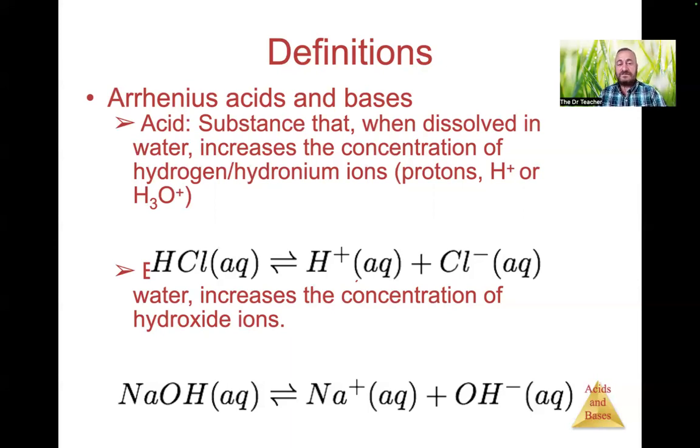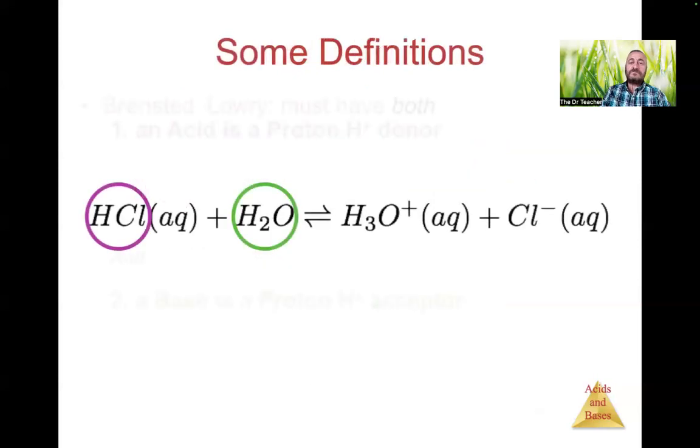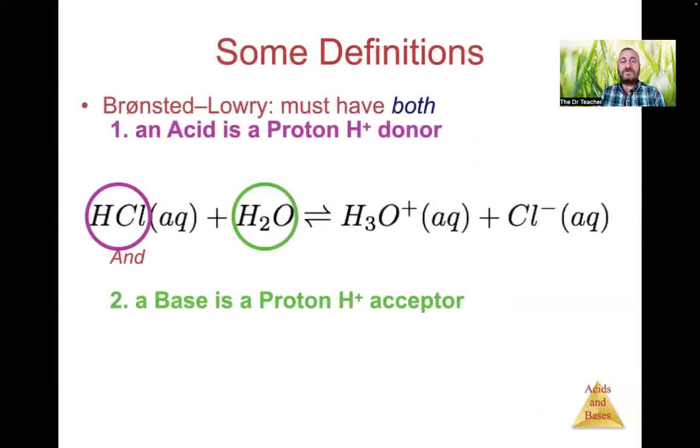If we come here to the lower one, NaOH, sodium hydroxide aqueous, we have sodium ions and hydroxide ions, all of them in water solution. So you can see here, Brønsted-Lowry said: an acid is a proton donor and the base is a proton acceptor.